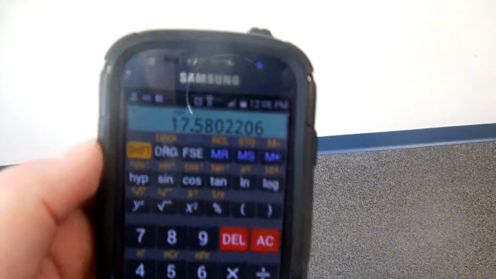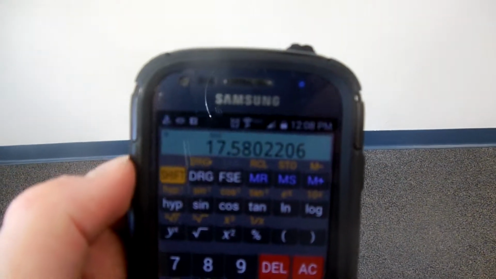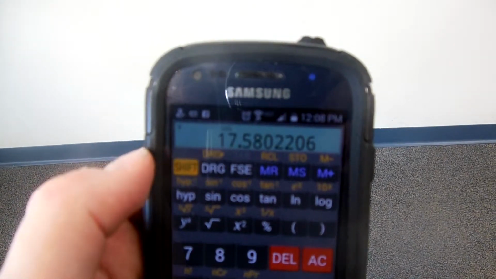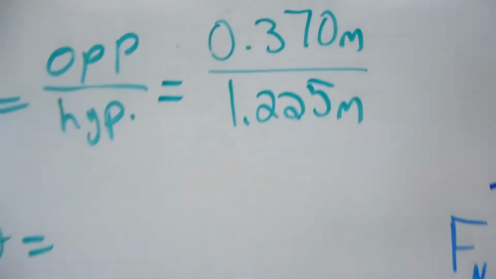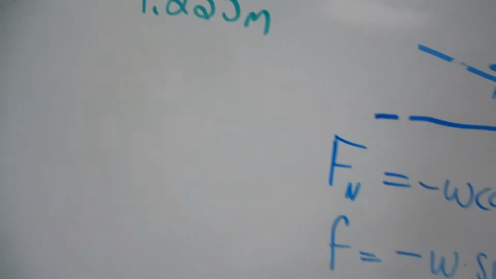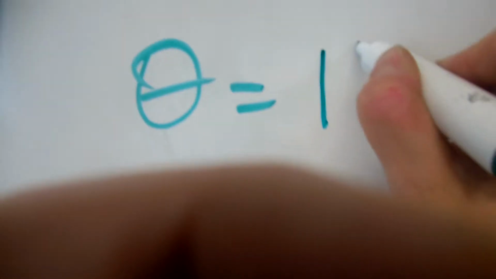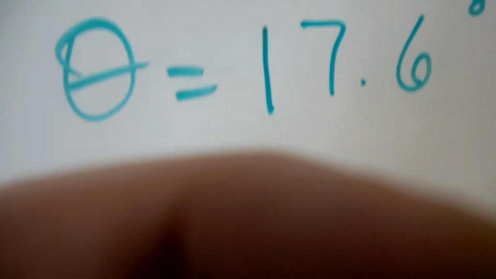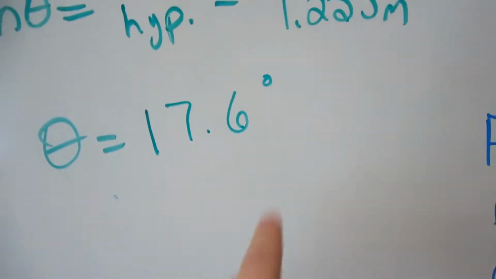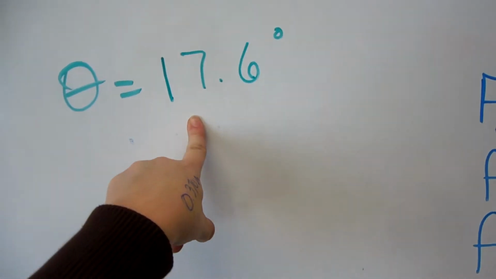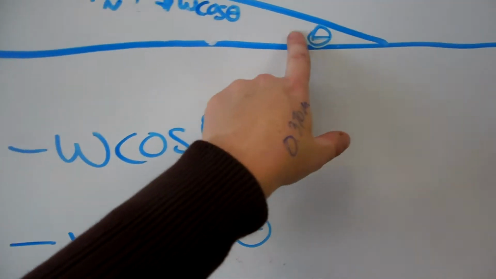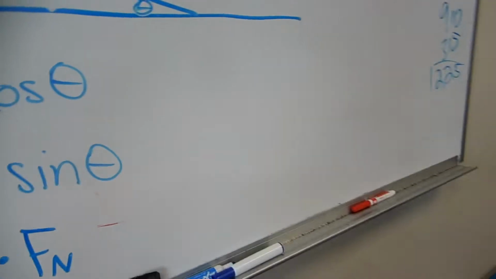Okay, that's theta. So theta is 17.6 degrees, and I can keep 3 significant figures because that top number has 3. So 17.6 degrees. So when we take the inverse sine of that, we get our theta, which is the angle that the board went to.